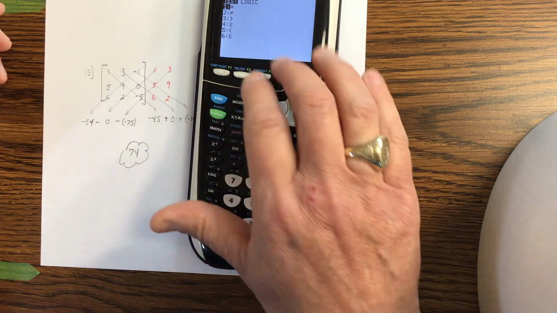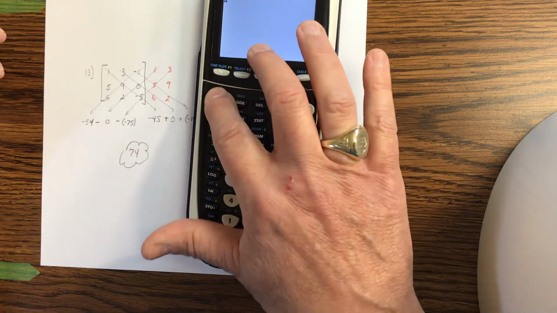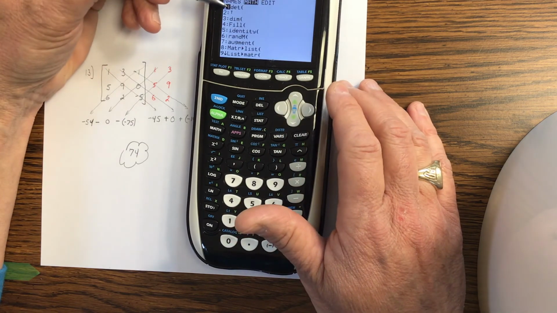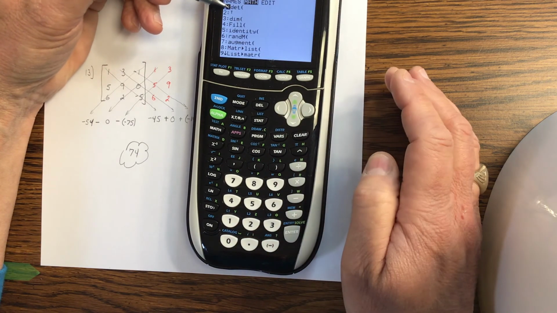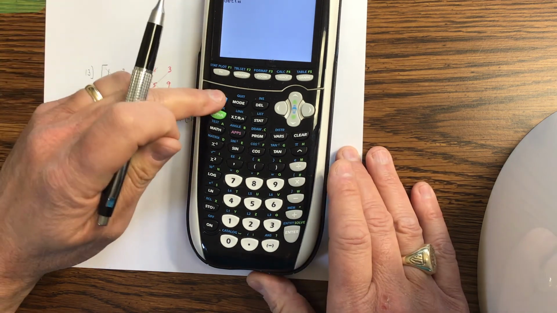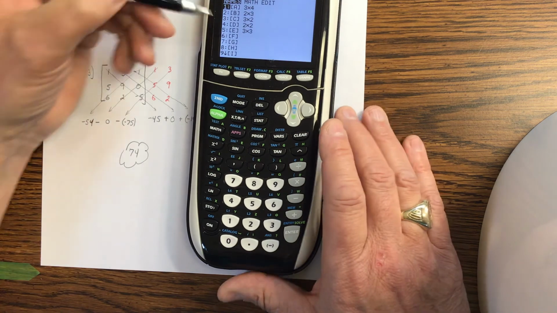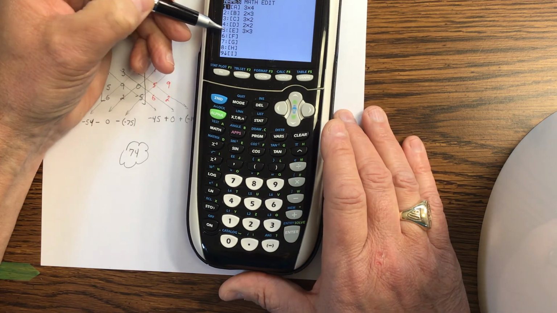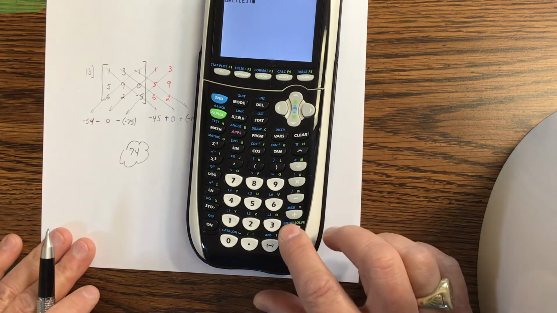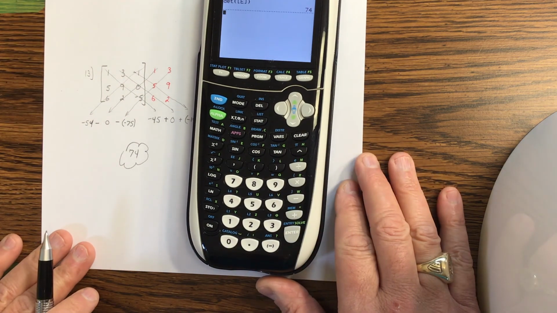Sorry about that. Second matrix, math. There is that symbol right here, DET, which is determinant. So we go determinant of the matrix we're dealing with, which in this case is the 3 by 3 matrix. I've had these all set up in my calculator. Hit enter, and there you go.